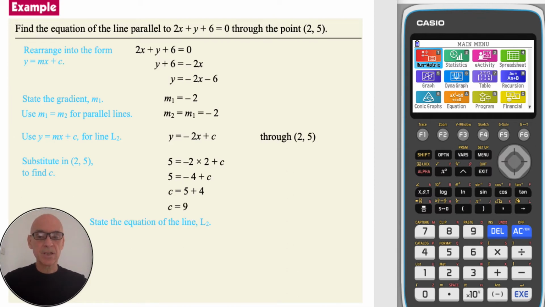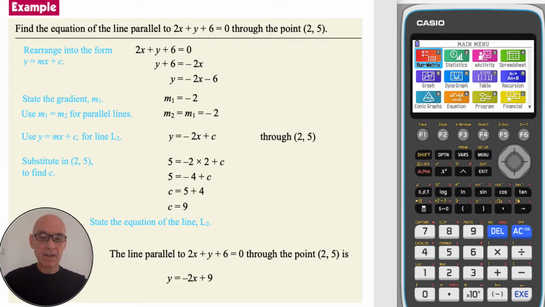So we can now state the equation of the required line, as it has a gradient of negative 2 and a y-intercept of 9. So the equation of the line parallel to the given line through the point 2, 5 is y equals minus 2x plus 9.